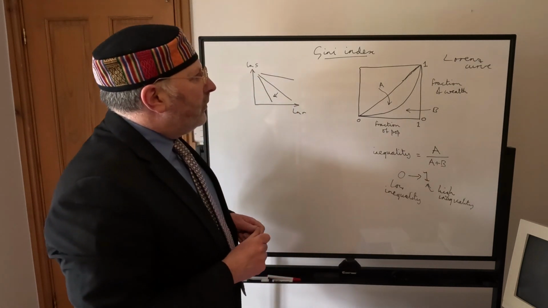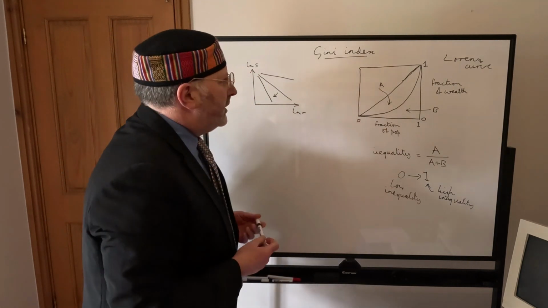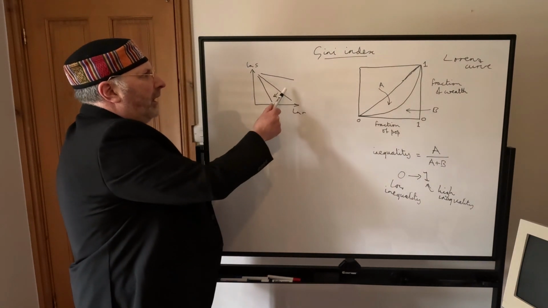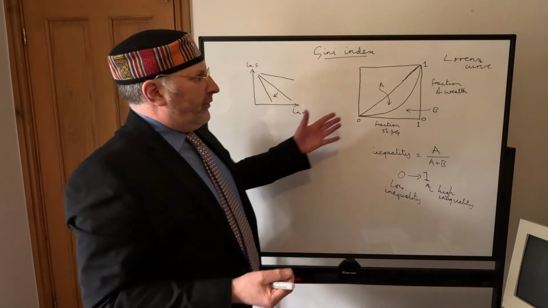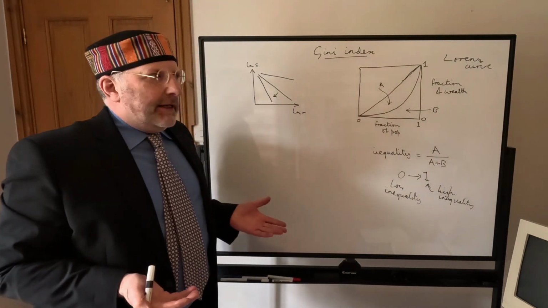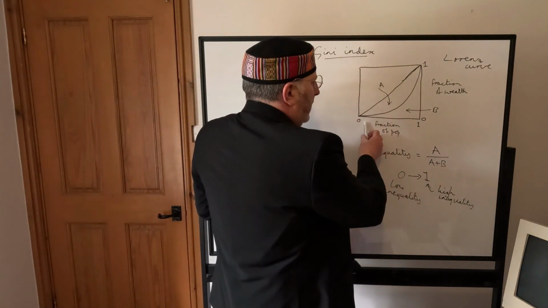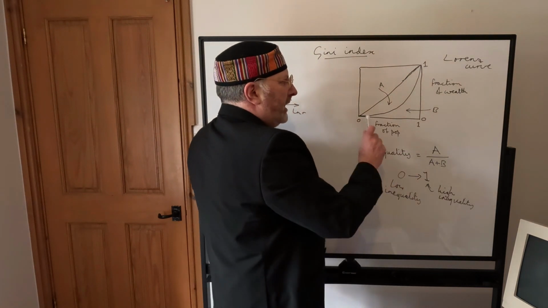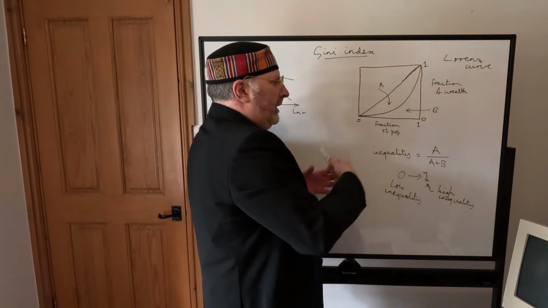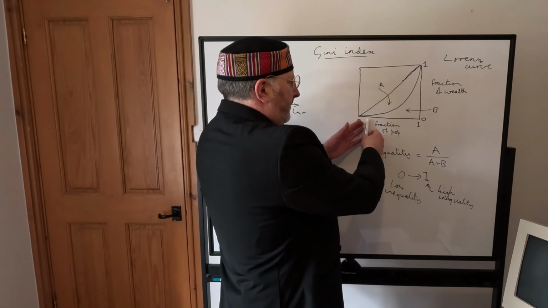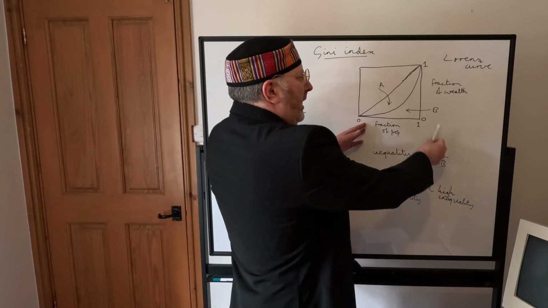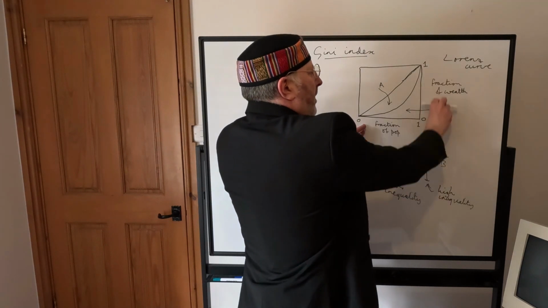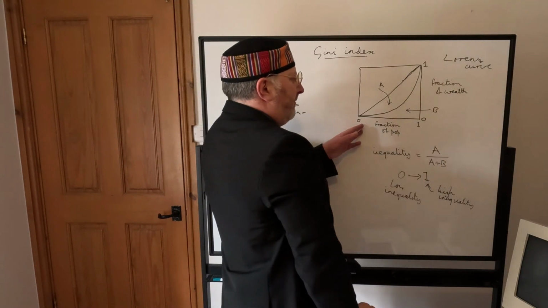So that is the Gini index. As I said, it's another way of measuring inequality, not just in wealth, but in any kind of data. There might be the population sizes of cities. We plot the cities along the bottom, the fraction of the cities, and what part of the population of the country they have.